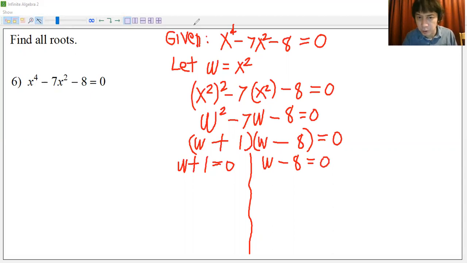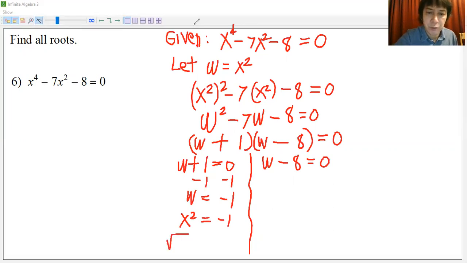So let us start with w plus 1. We add a negative 1, or subtract 1. And so this will turn out w equals negative 1. And then we will use the substitution back to x squared. So x squared, replacing w, is equal to negative 1. And then we apply square roots.